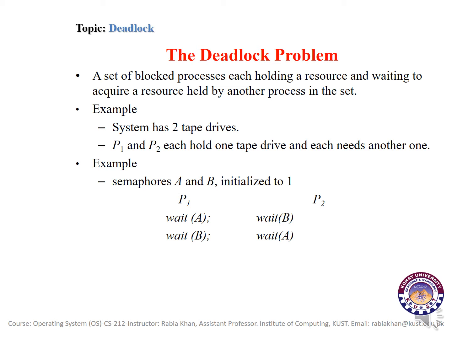We have discussed block state in chapter 2. So now the situation is two instances of tape drives are there and both of them are being held by two processes each. But they are not proceeding ahead as they require one more instance of the tape drive.